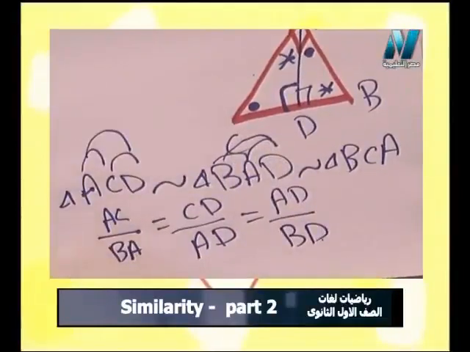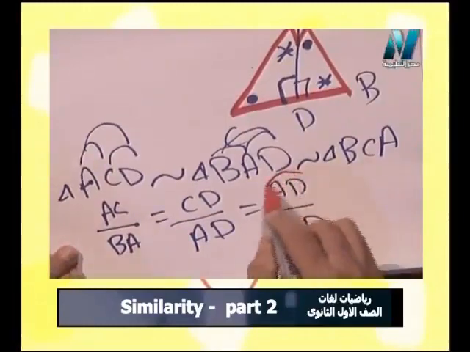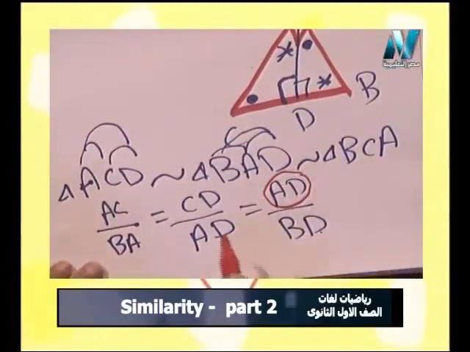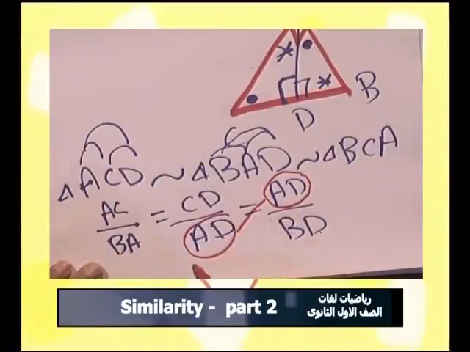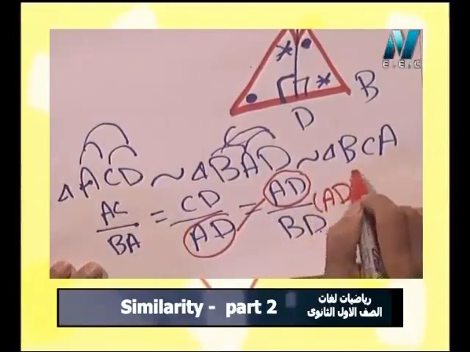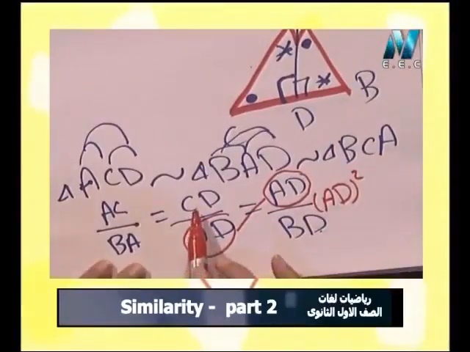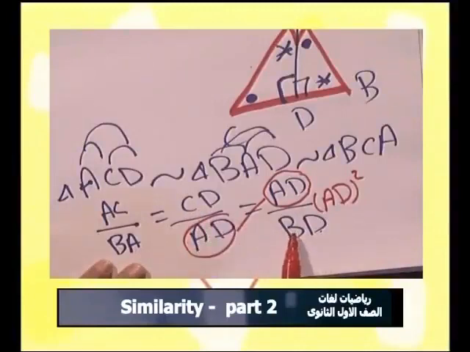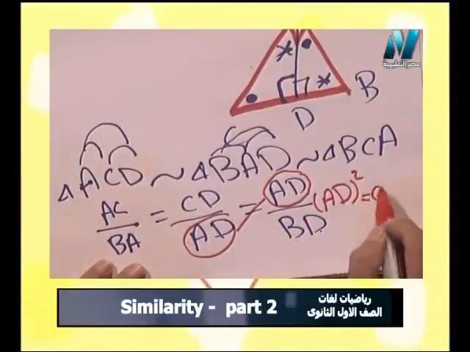Try to concentrate with me now, and try to find what AD is here. It's repeated here, so we have 2 AD. When we multiply AD by AD, it will be AD power 2. Equal what? Equal CD multiplied by BD, CD times BD.